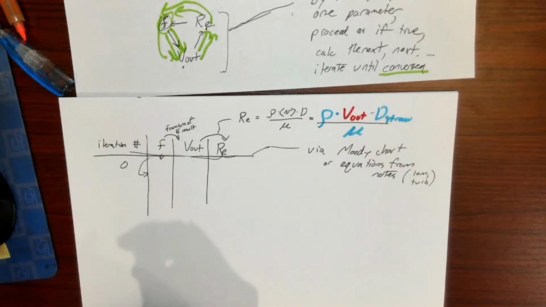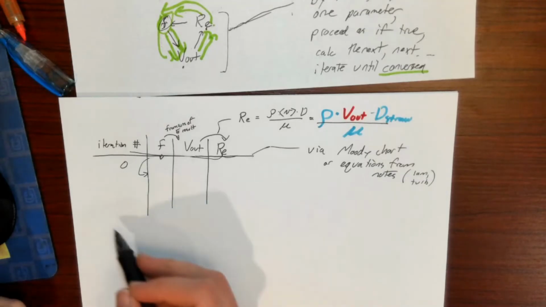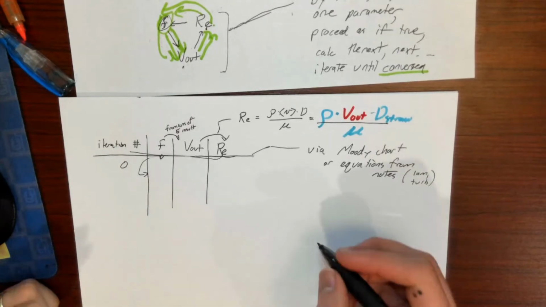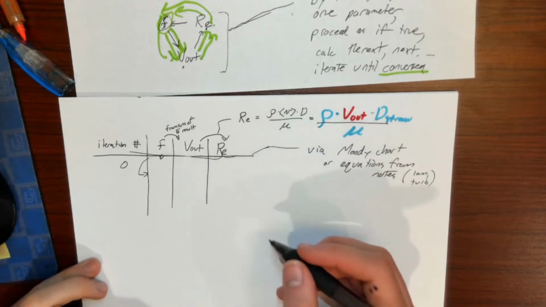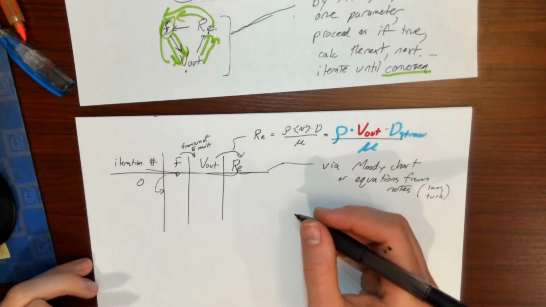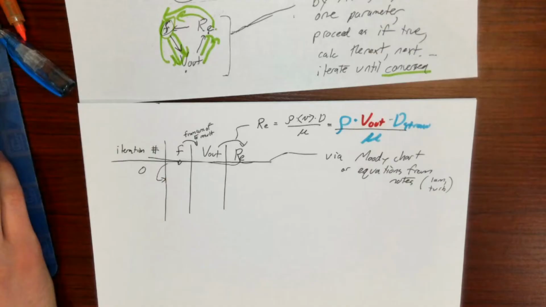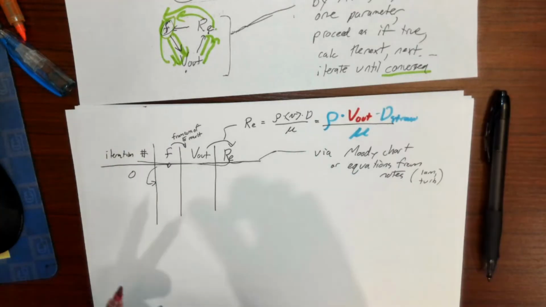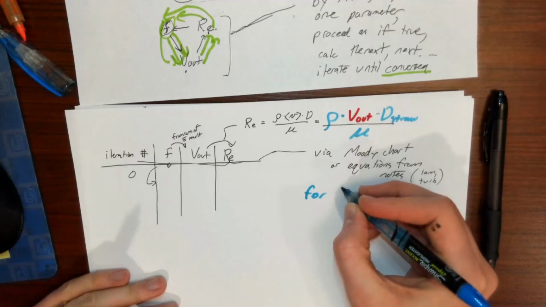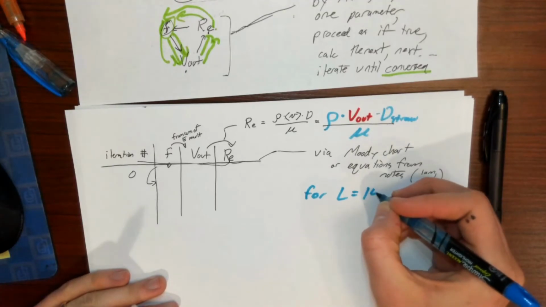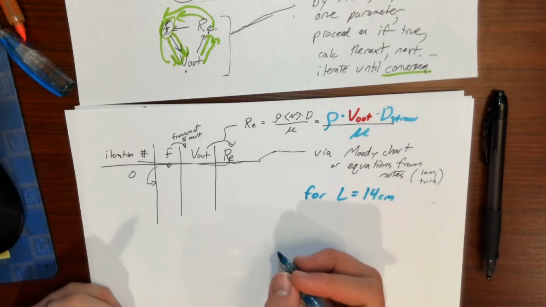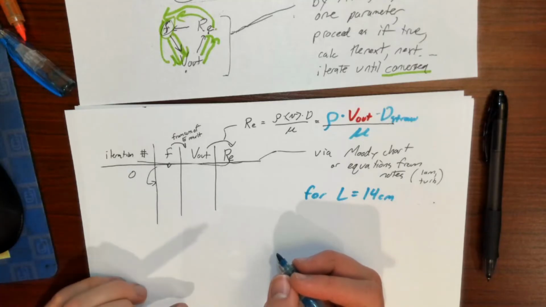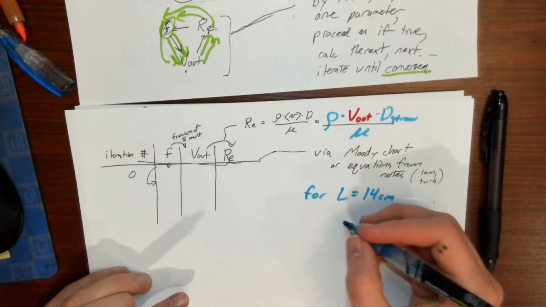So I'll include some calculations that I did here. The calculations that I have in this version of the chart, I believe, are for the 14 centimeter length and the full height.